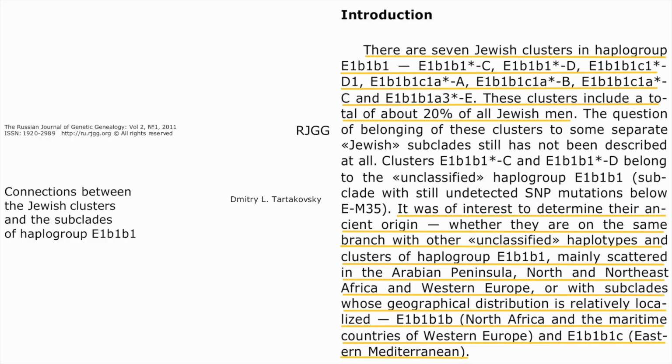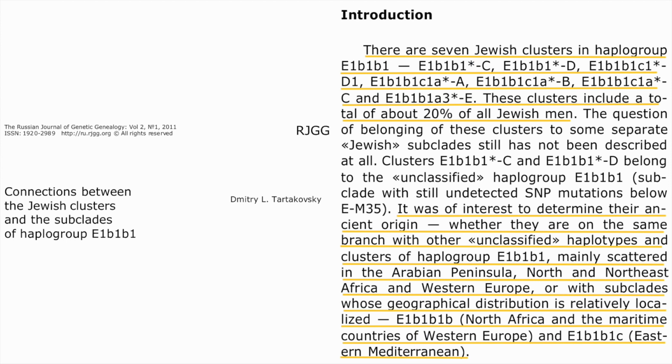There are 7 Jewish clusters in haplogroup E1b1b1: E1b1b1-C, E1b1b1-D, E1b1b1-D1, E1b1b1-A, E1b1b1-B, E1b1b1-C, and E1b1b1-E. These clusters include a total of about 20% of all Jewish men.